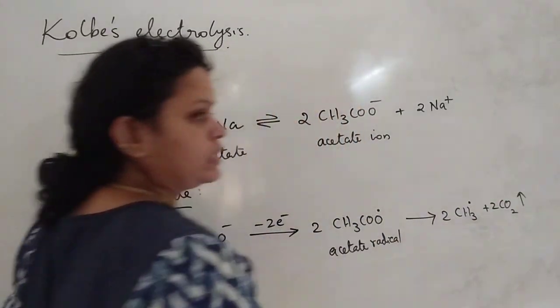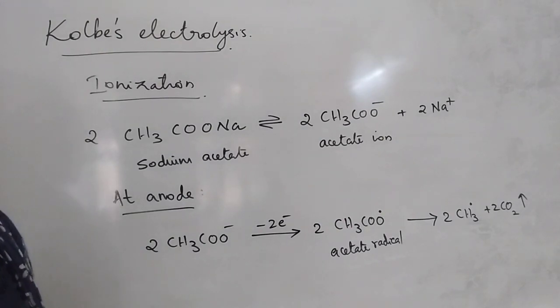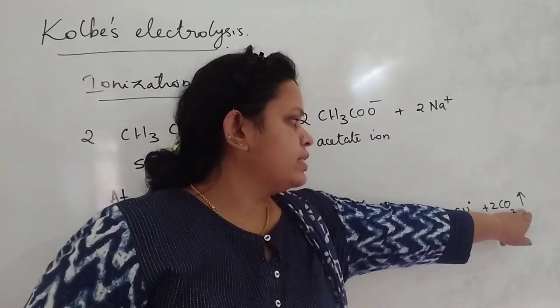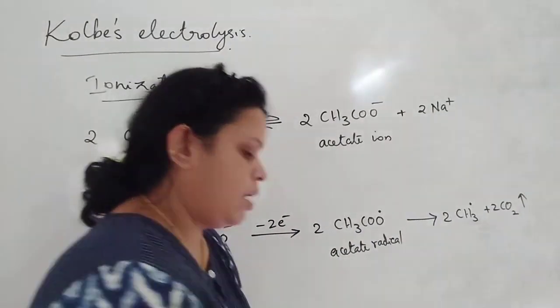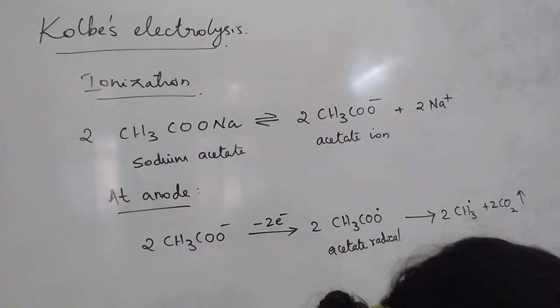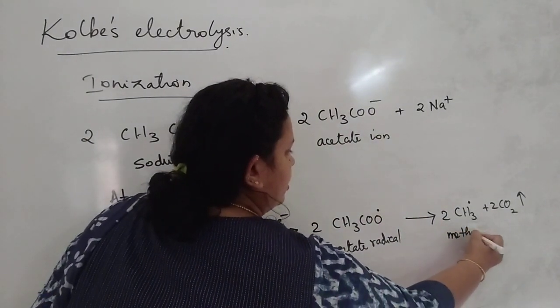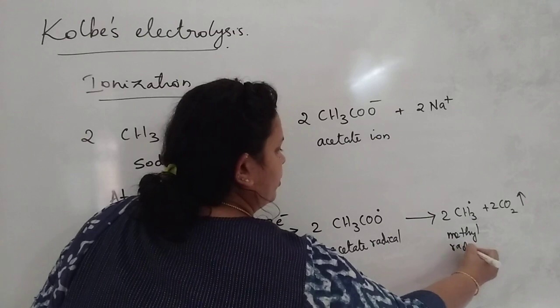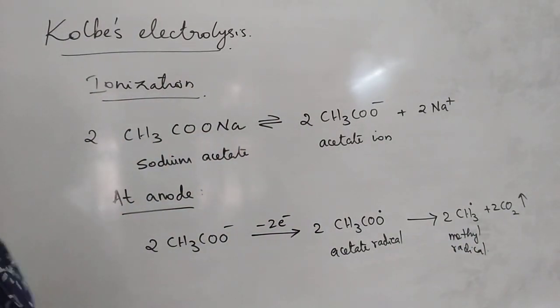This carbon dioxide, being a vapor, will be lost. It is vaporizing, and that is shown by the upward arrow. So here we have the methyl radical formation.